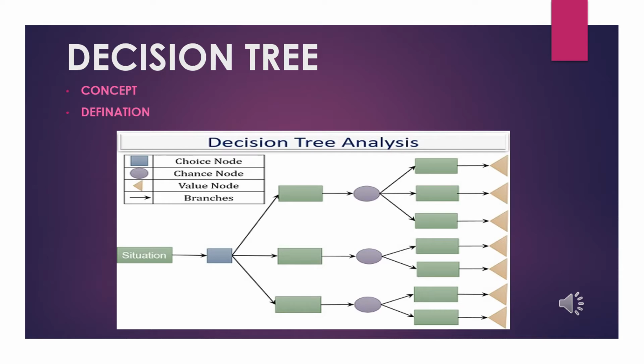It facilitates the evaluation and comparison of the various options and the results which are available to the organization, which is shown by the pictorial description of the decision tree. It helps the organization to choose the most competitive alternative.